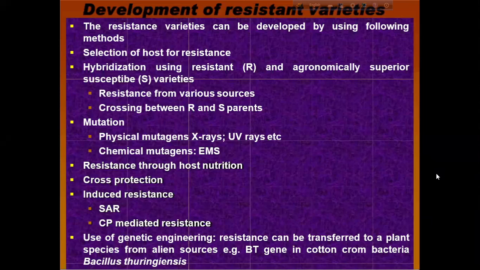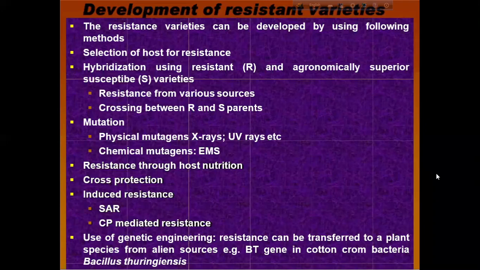Then there are some other techniques by which we can make the host plant resistant. You know, host nutrition. That is, we have to provide balanced nutrition to the plant. Okay? So by providing balanced nutrition, we can make the plant resistant to biotic and abiotic threats. How does it actually occur?